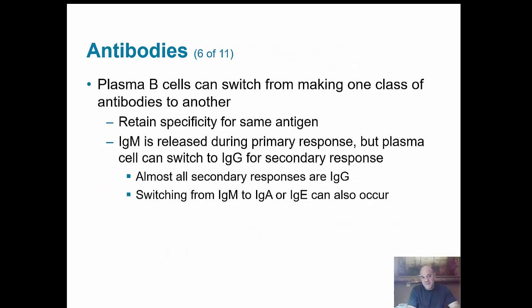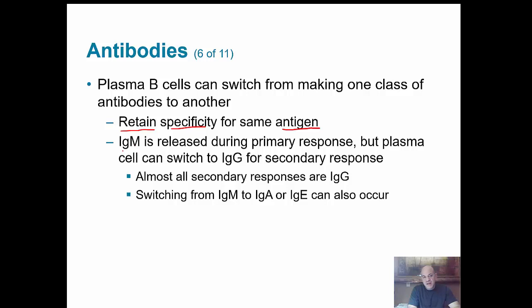So these plasma cells actually can switch from making one class of antibodies to another, but that same individual plasma cell is going to retain its specificity for the antigen that it responds to.